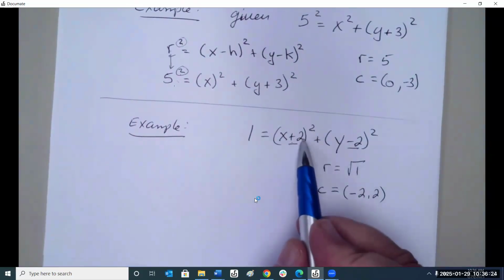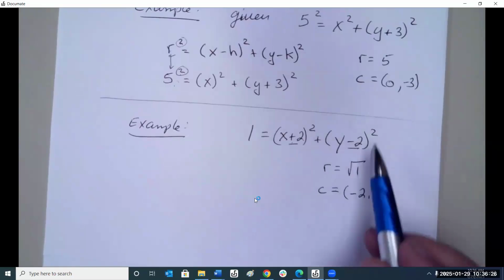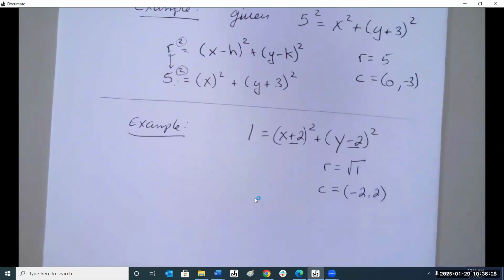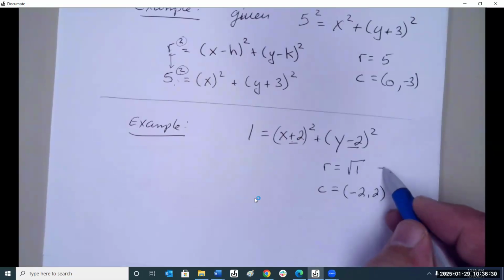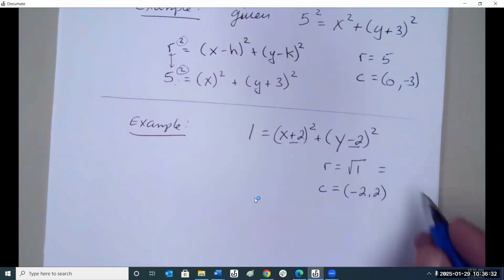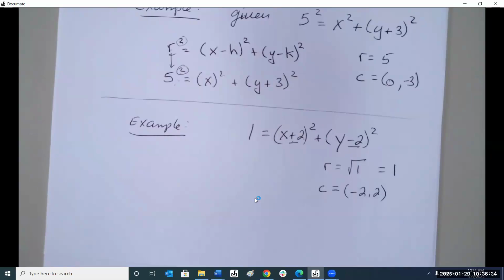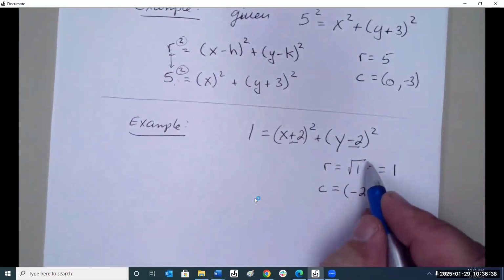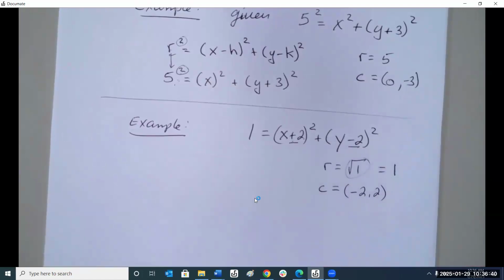If that's a +2, the answer is -2. If it's a -2, the answer is +2. But are we done? No. What's the square root of 1? If you can go further, go further. If you can simplify, always simplify.